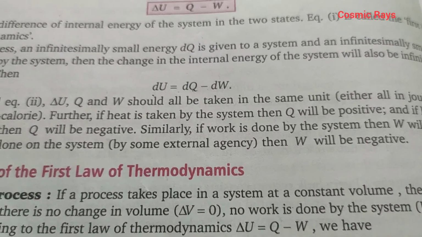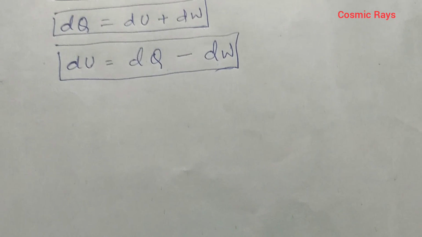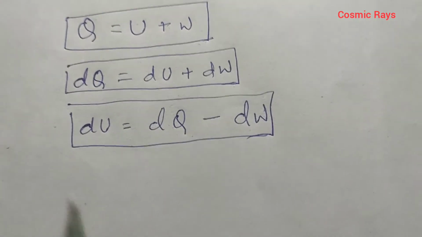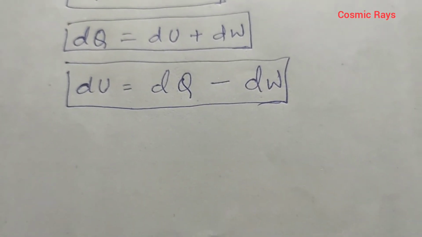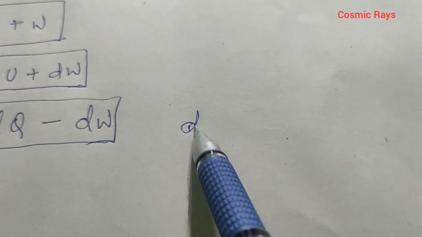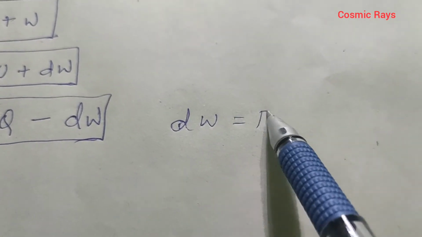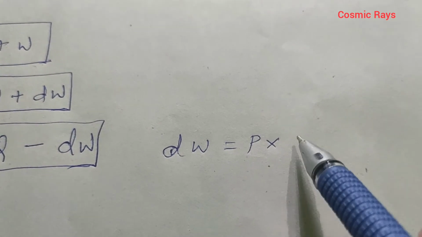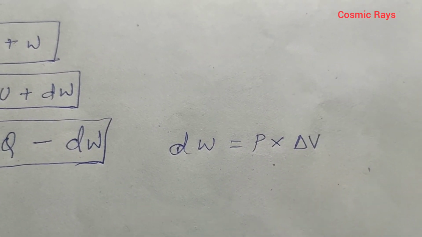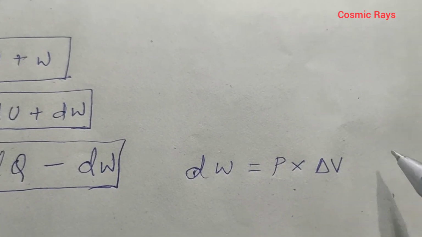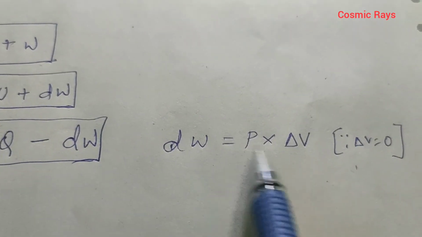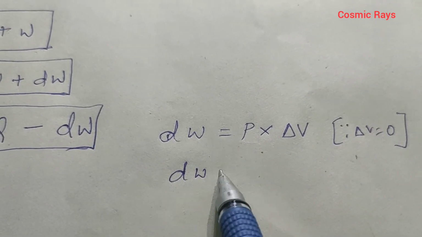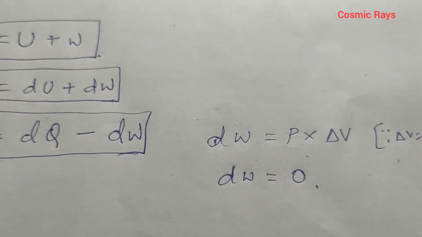We have dU is equal to dQ minus dW. But now dW is given as P multiplied by delta V. But since the change in volume, that is delta V, is equal to 0, this entire term becomes 0, so we have dW equal to 0.